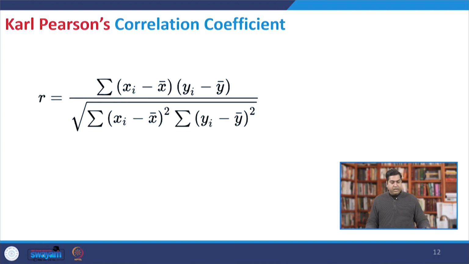Okay. Now, I will give you another one in this particular case. It is about the Pearson correlation coefficient, where you are trying to see the correlation between two variables, say x and y. You have two sets of information: corresponding to x there is some y value, or corresponding to y there is some x value.